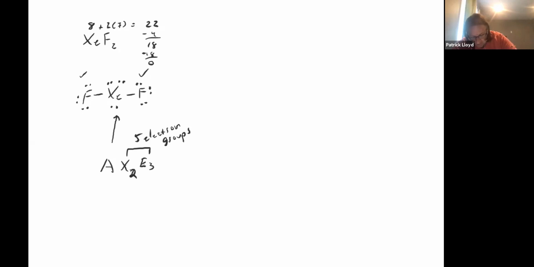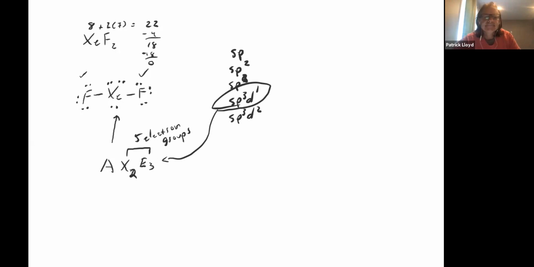Then you go, okay, well, which one's the one with 5 electron groups? Here's 2 electron groups. Here's 3 electron groups. Here's 4 electron groups. 5 electron groups. 6 electron groups. So there you go, 5 electron groups, so sp3d1.